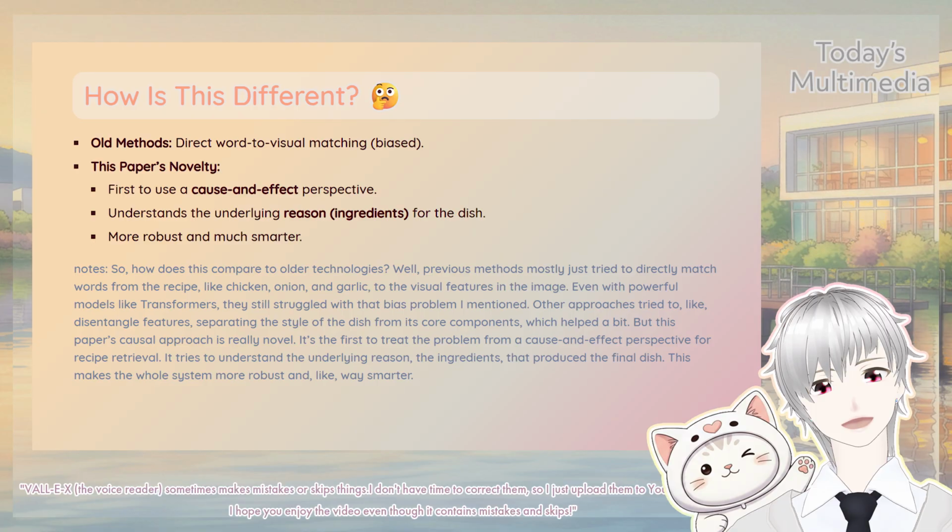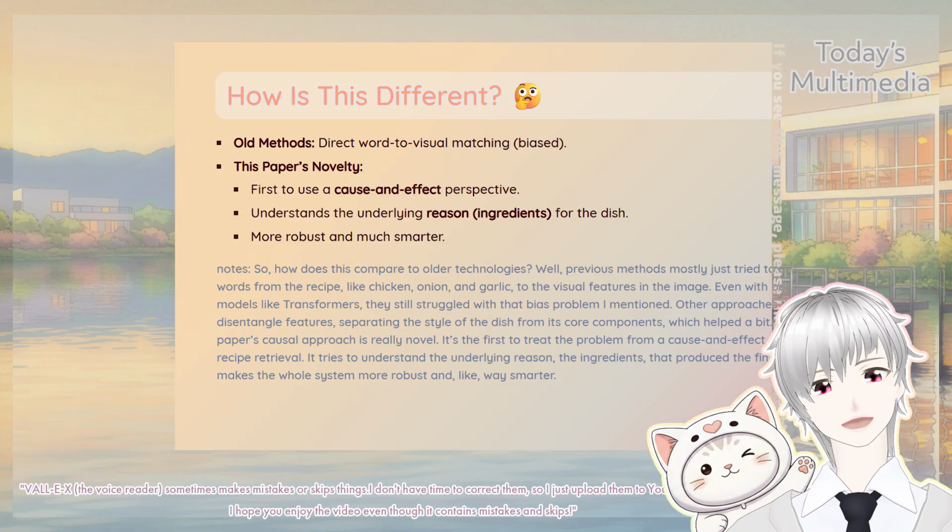But this paper's causal approach is the first to treat the problem from a causal perspective for recipe retrieval. It tries to understand the underlying reason, the ingredients that produce the final dish. This makes the whole system more robust and smarter.